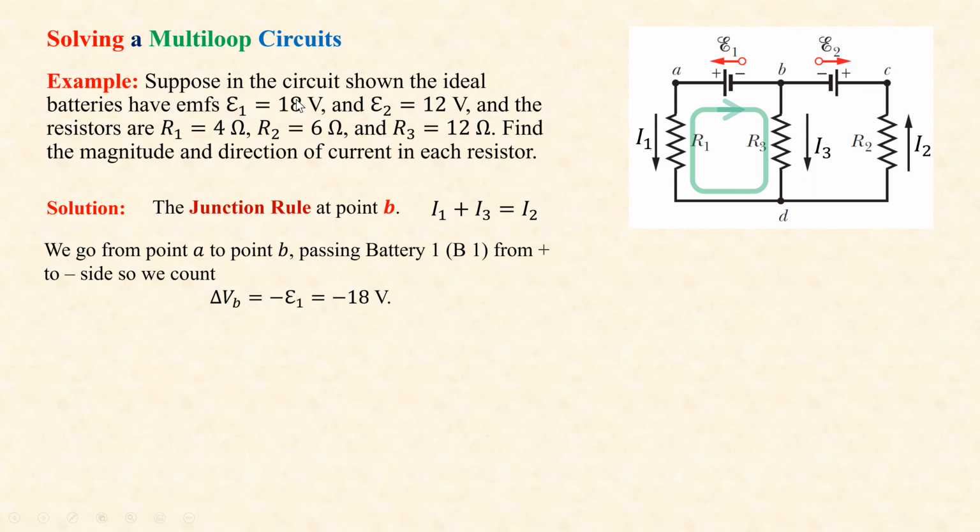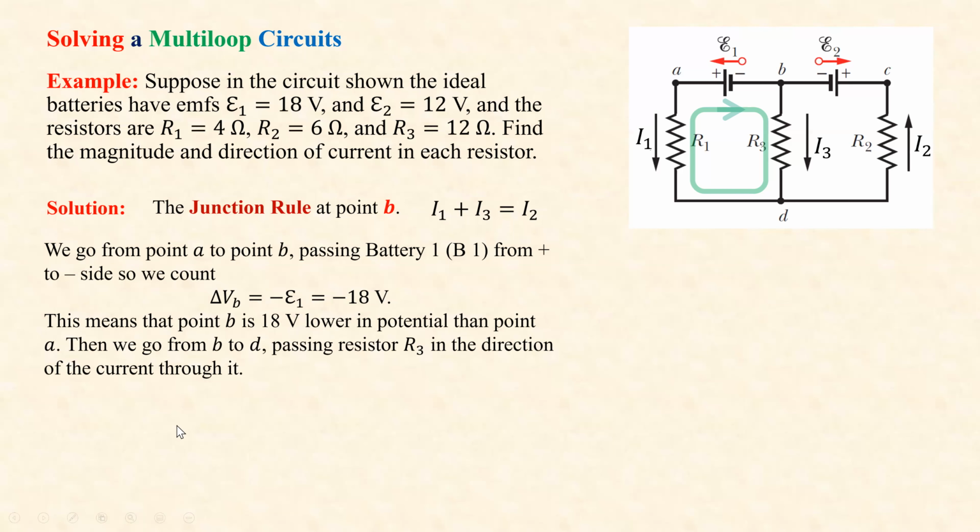E1 is 18 volts, right? So going from A to B, we get this potential difference. This means that point B is 18 volts lower in potential than point A, so we get the change in potential of negative 18 volts. Then we go from B to D, from here to here. And by doing so, we are moving in the direction of the current I3.